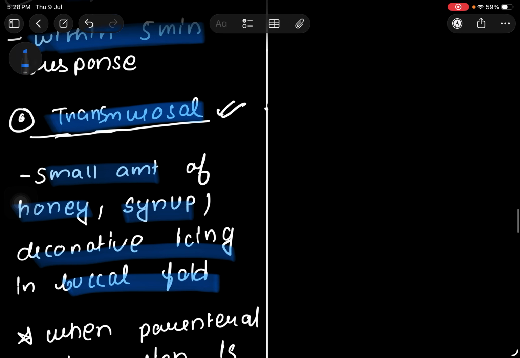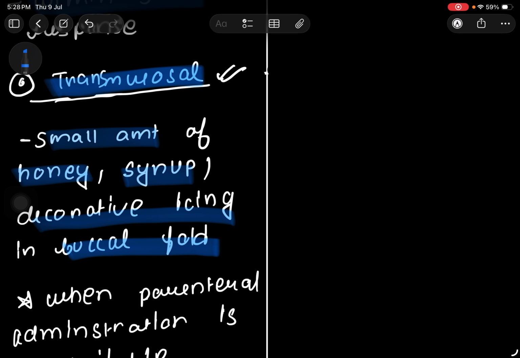Then there is another form, that is transmucosal. We opt for transmucosal when parenteral is not available or if the patient is not willing to take parenteral. In transmucosal, a small amount of honey or syrup or decorative icing is given in the buccal fold.